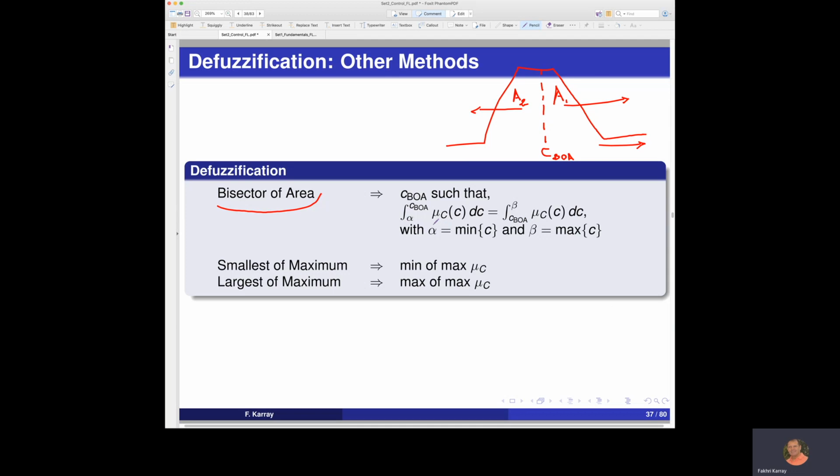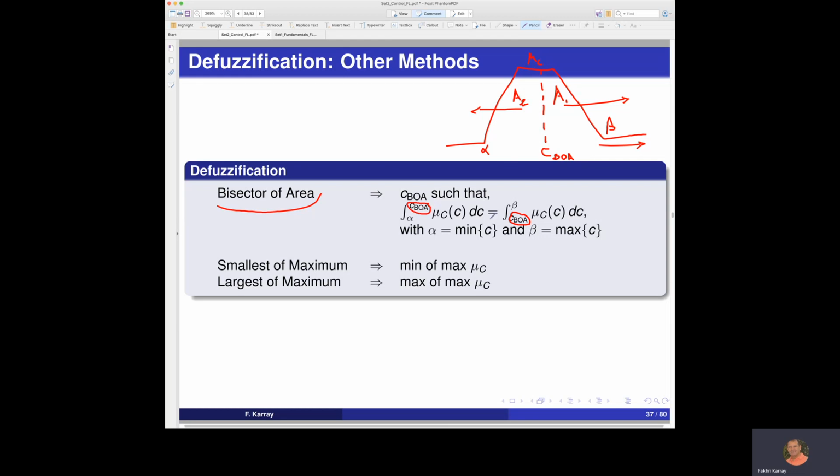So mathematically speaking, it's the mu, which is the membership function, so this is the mu C of C. The integral from alpha to C_BOA is equal to the integral from C_BOA to the value of beta. That particular value here, which makes the two integrals equal, is known as the bisector of area.